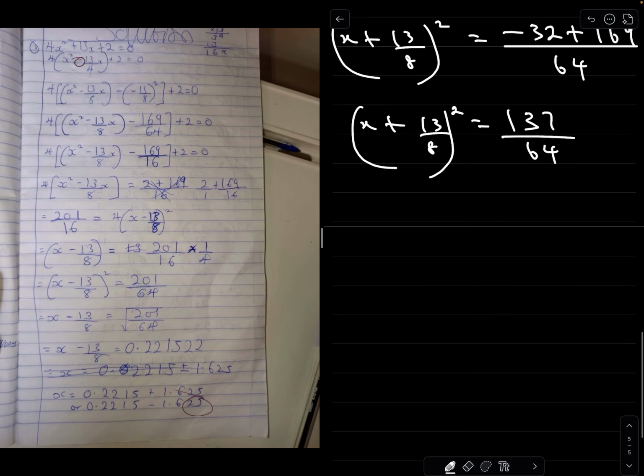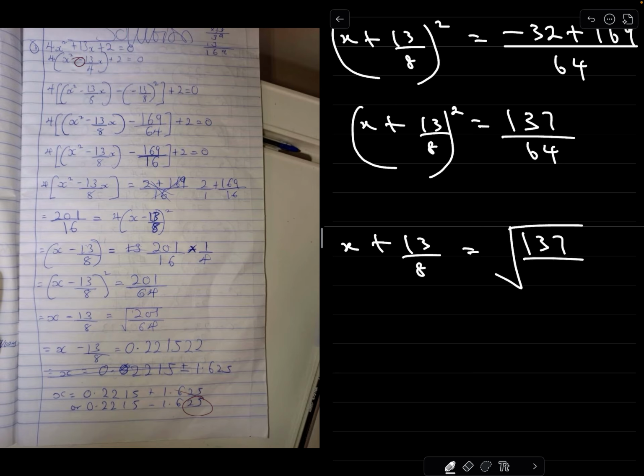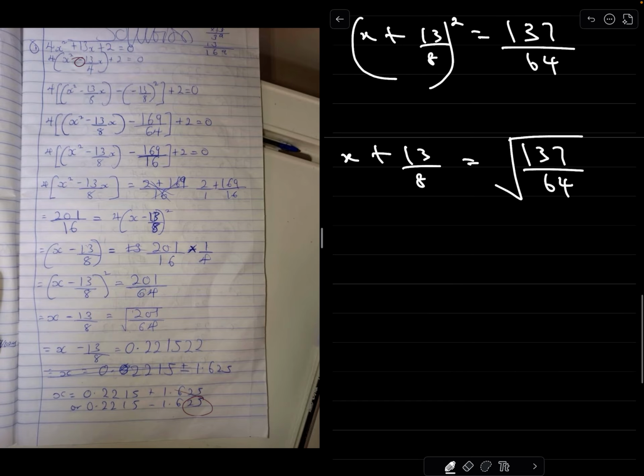Now, if you find the square roots of both sides, the square root of the left-hand side will be x plus 13 over 8, and that will be equal to the square root of the right-hand side, which is 137 over 64. And now, how do we do that? This simply means that's equal to the square root of 137 divided by 64.